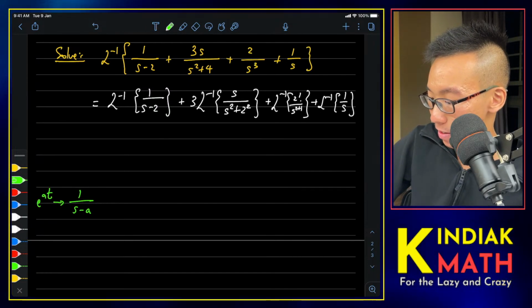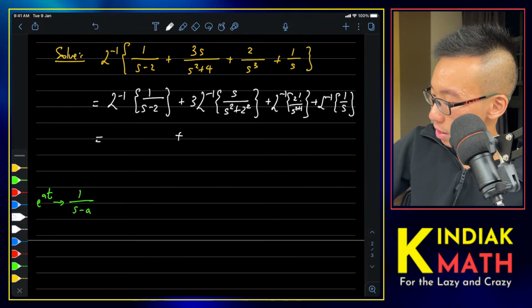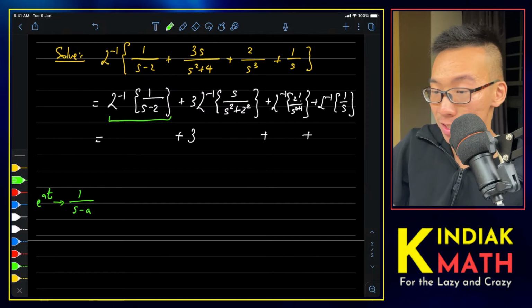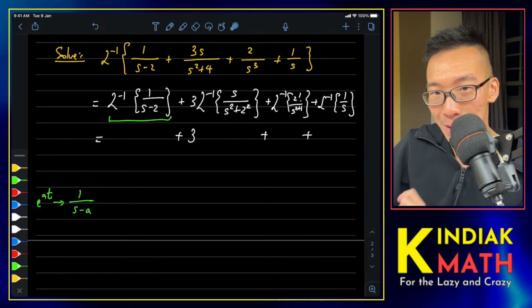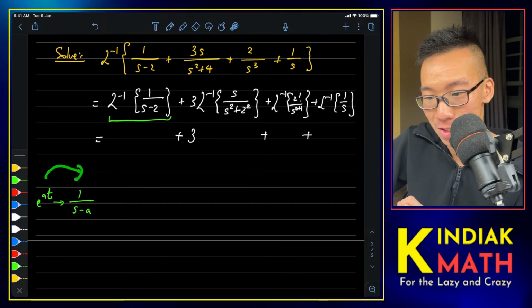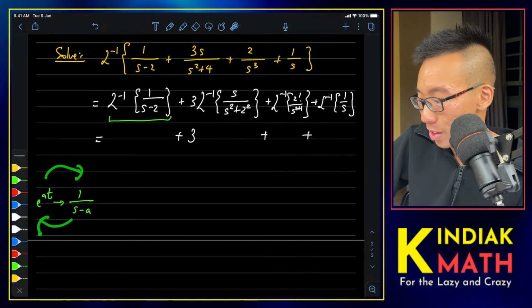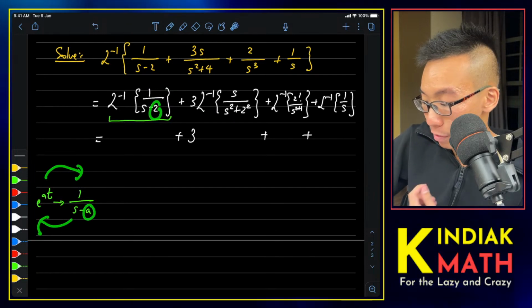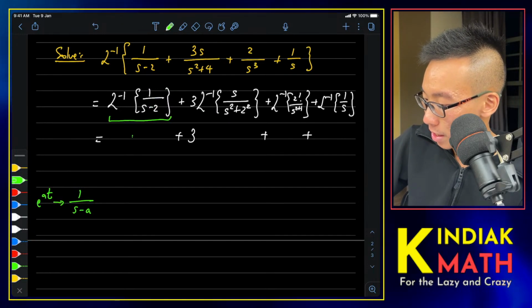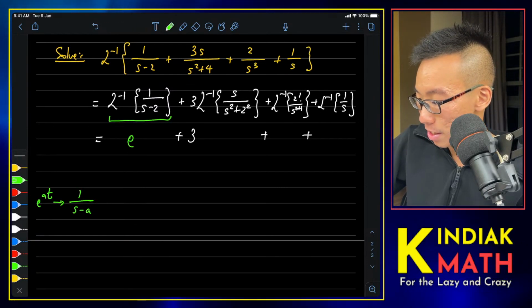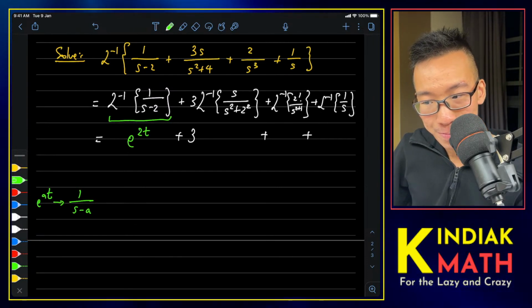So in fact, that gives us the first inverse Laplace. If taking Laplace transforms goes in this direction, then taking the inverse Laplace goes in the reverse direction. So we're going to replace a with 2 and obtain e to the 2t.